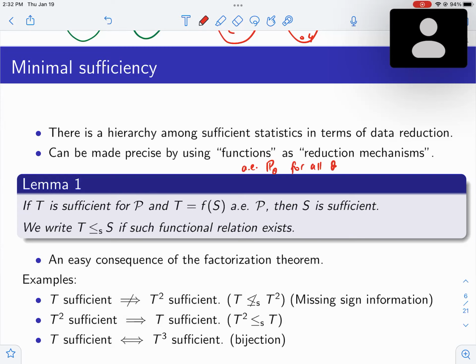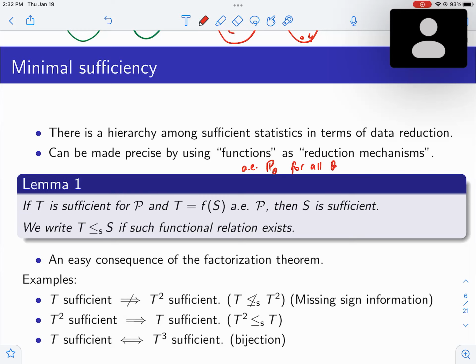So I'm going to write this notion as T is less than or equal to S, in this, let's say, artificial inequality. This is not a standard notation. It's my notation for saying that T has less information than S. It doesn't mean that T is pointwise less than S. It just means that T is a function of S, with this additional measure theoretic nicety also there.